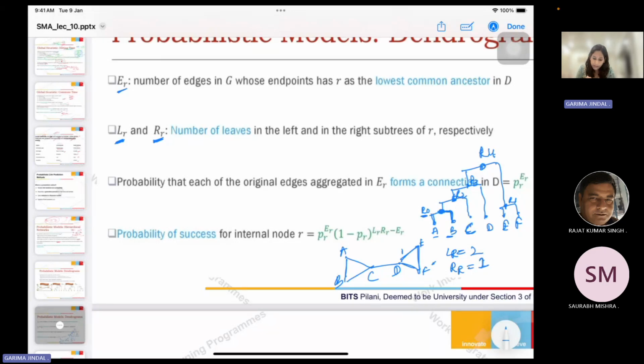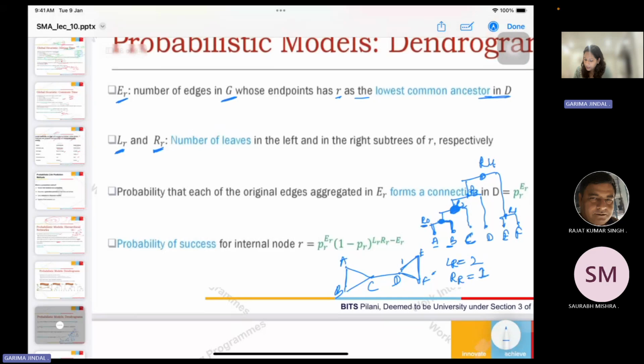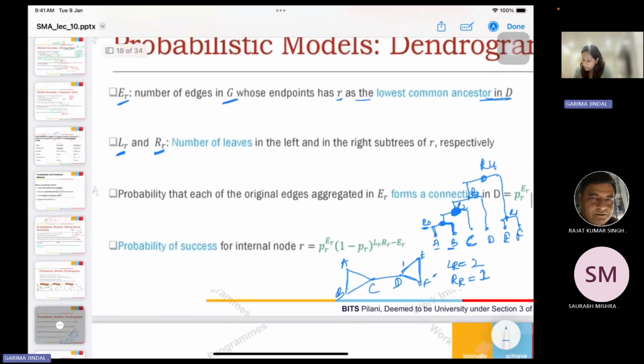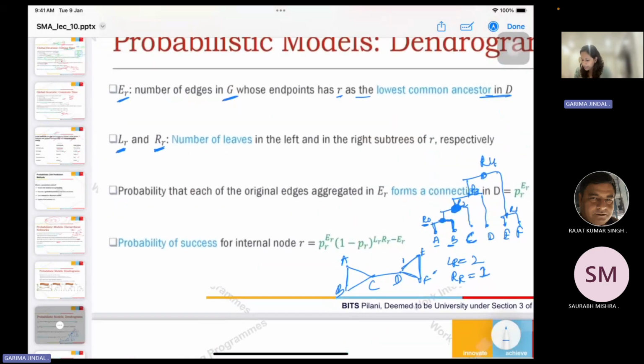Now let us try to understand what ER is. ER is the number of edges in G, the original graph, whose endpoints have R as the least common ancestor in D. Let us consider this R2. You had these two trees: on the left you had AB, and on the right you have C. These are two different subgroups.